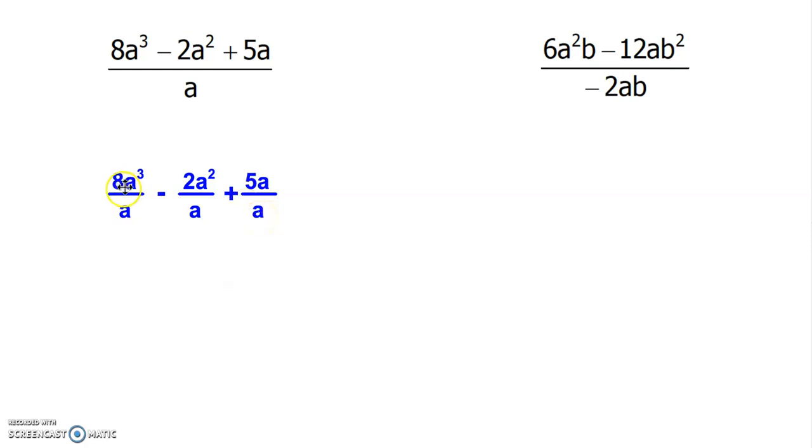So when I divide 8a cubed by a, I'm going to get 8a squared, because 3 minus 1 gives me that exponent of 2. 2a squared divided by a, 2 minus 1 gives me an exponent of 1. Plus 5a divided by a, and these a's reduce away. 1 minus 1 is 0. So I have 8a squared minus 2a plus 5. This problem here is on your own.